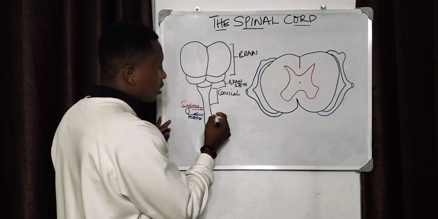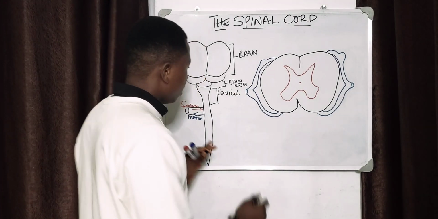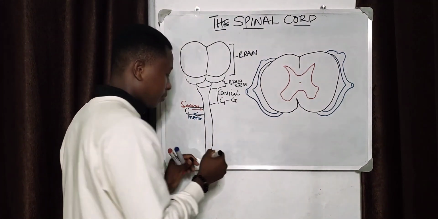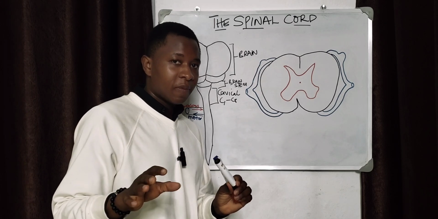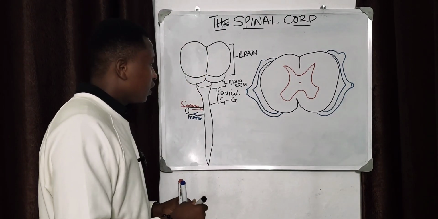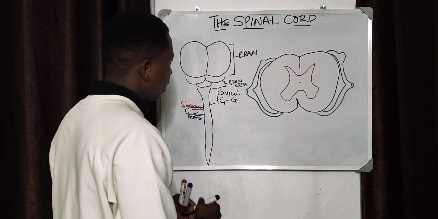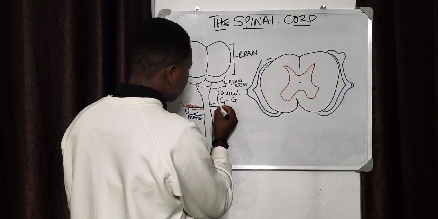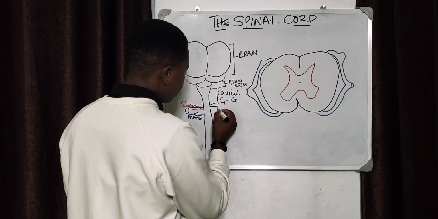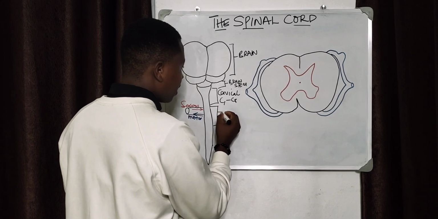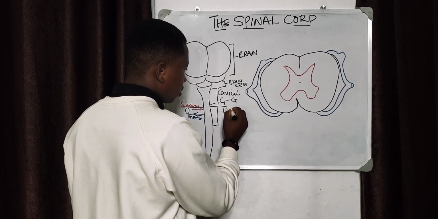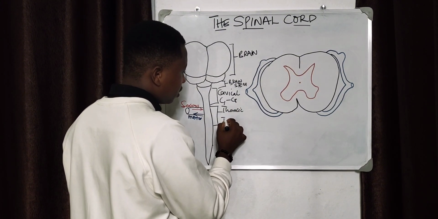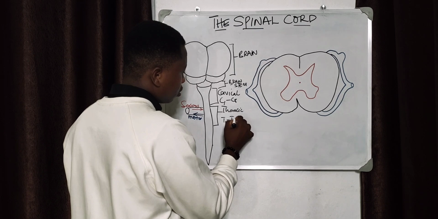Okay, and there are 8 in number, and it's always termed C1 to C8. That's the first segment. And the second segment of the spinal cord is the thoracic nerve. The thoracic nerve. And there are 12 in number, so we name them T1 to T12.